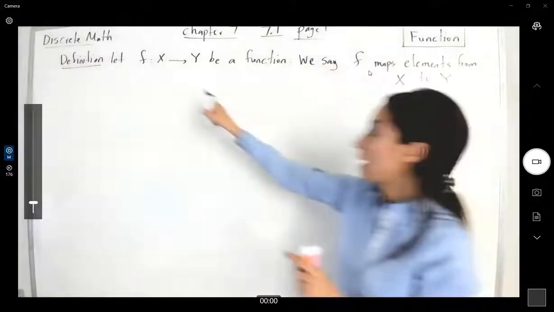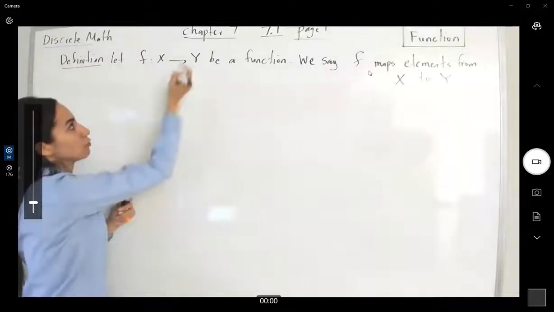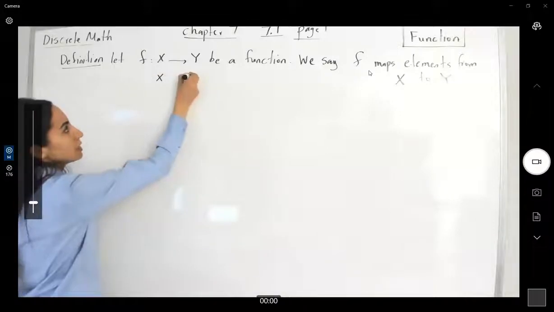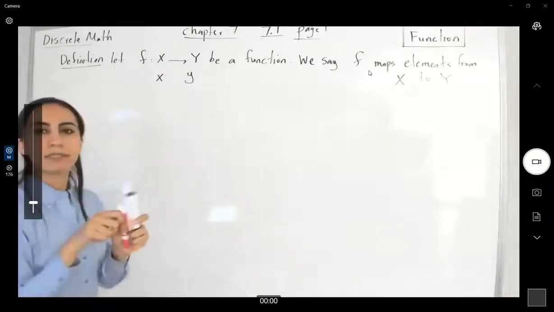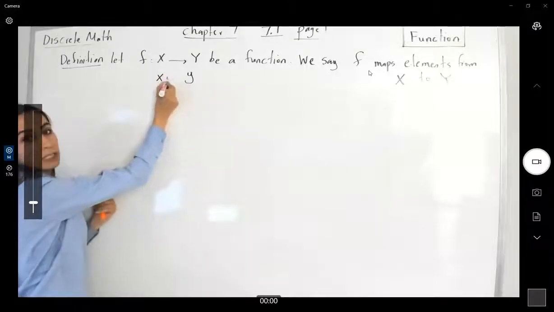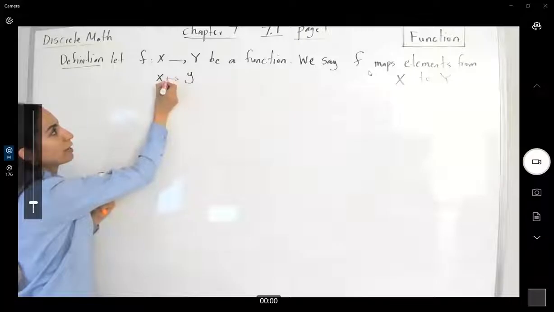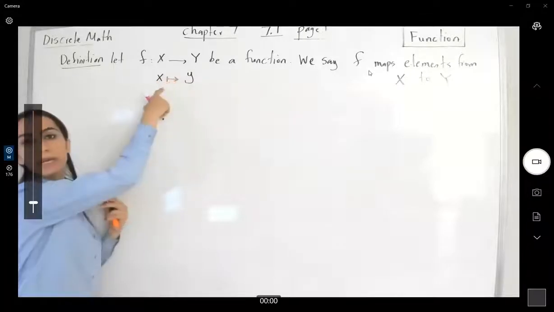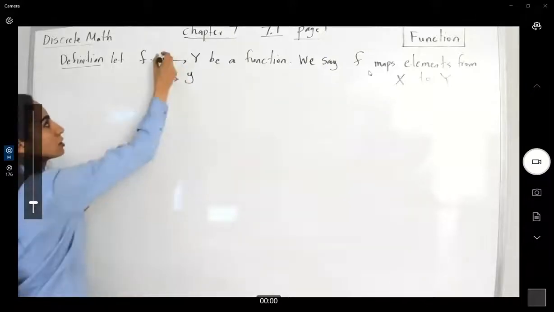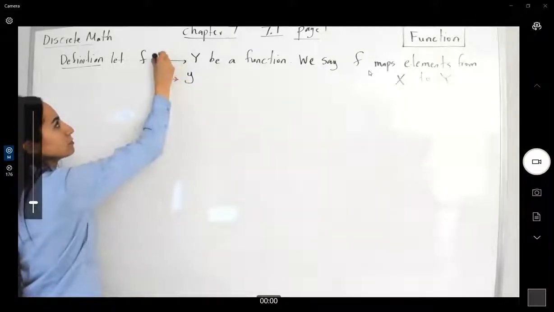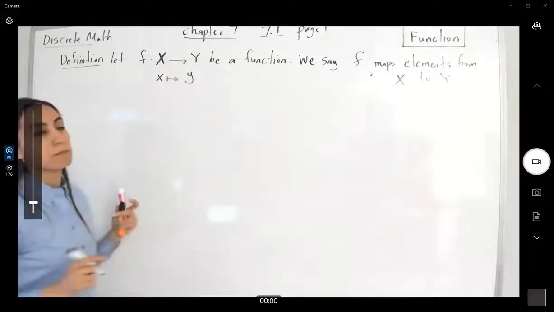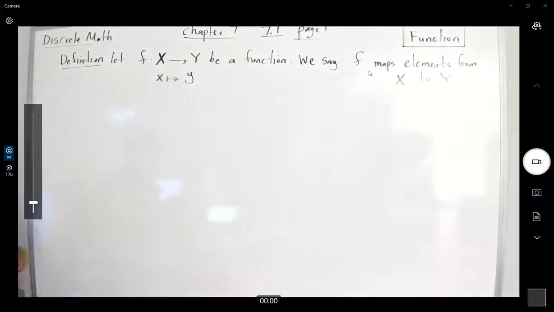Function F maps elements from X to Y, and we usually write it this way: we say that x is mapped to y by using this arrow with a little small vertical line attached to it, dealing with members, elements. So these are sets, set X and set Y, and these are the elements, members in those sets.